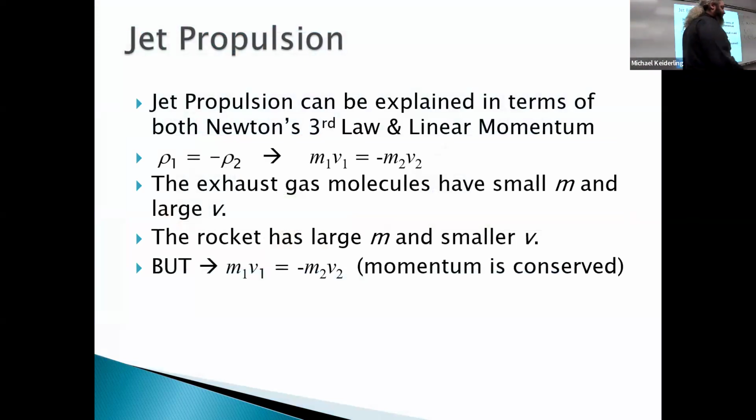And this process also explains jet propulsion. So here I have a balloon full of air. When I release the balloon, air will be flung out the back with some momentum. But this starts with zero momentum, so the total momentum has to be zero.